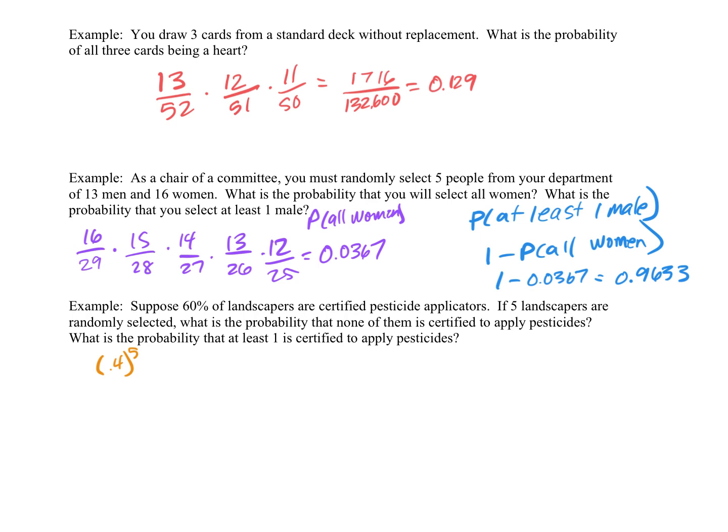I don't know what 0.4 to the 5th power is. Can somebody help me out? Perfect. Cool? Are we all good for that one? So that answers the first question, that none of them. So what is the probability of at least one of them?